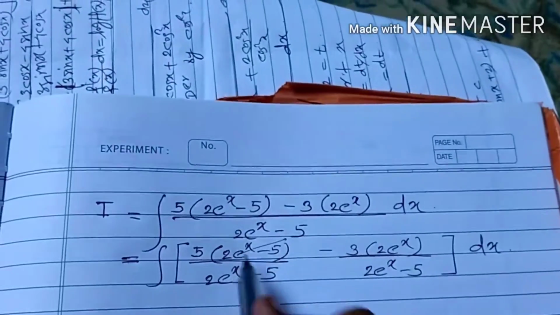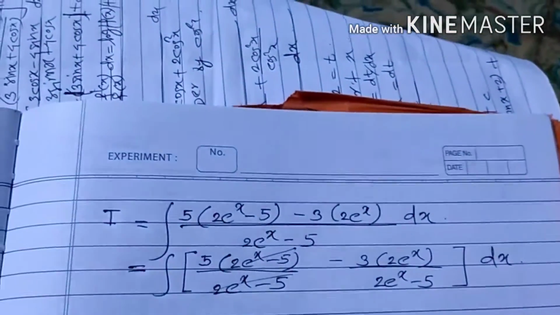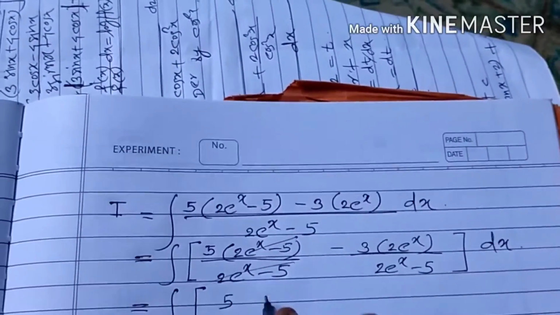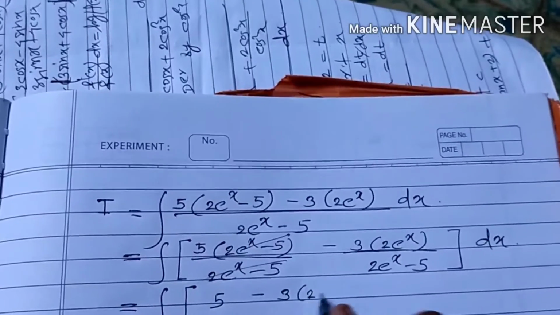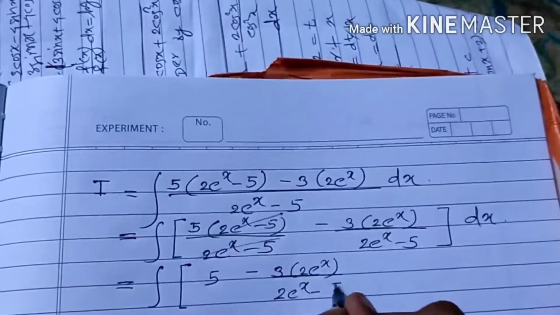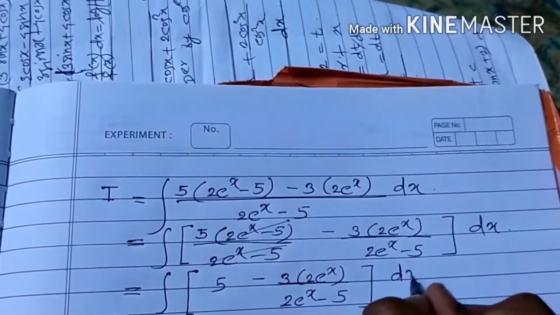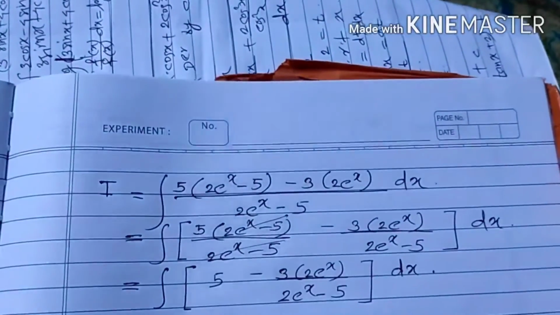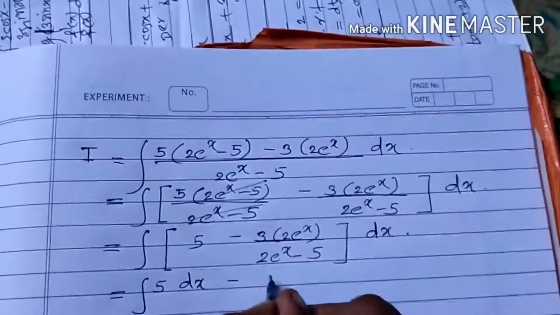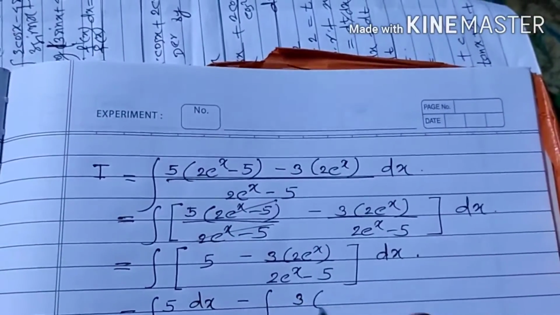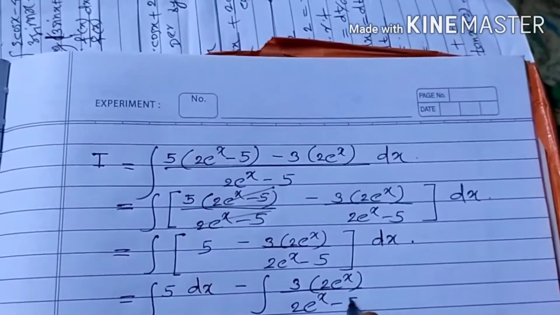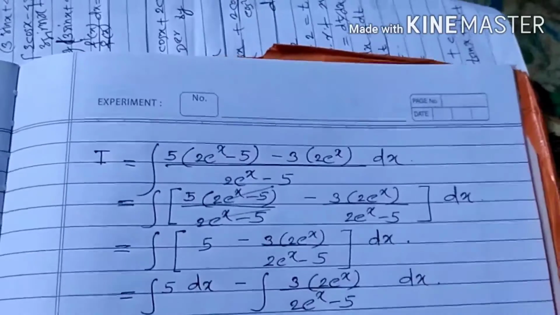Now 2e raised to x minus 5 and 2e raised to x minus 5 get cancelled. So the remaining terms are 5 minus 3 into 2e raised to x upon 2e raised to x minus 5 into dx. Now separate the integration, so we get 5 into dx minus integration of 3 into 2e raised to x upon 2e raised to x minus 5 into dx.